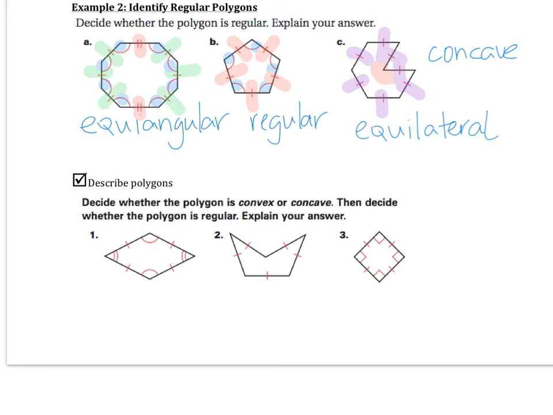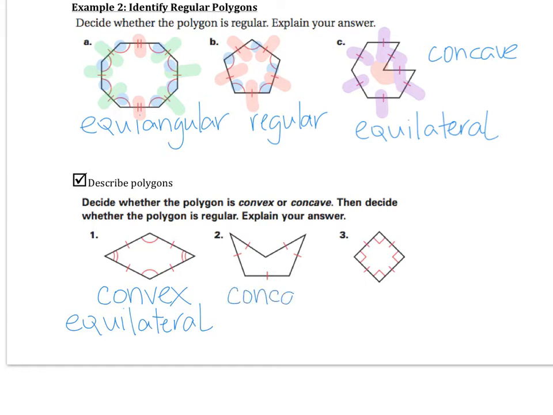So, determine if these polygons are convex or concave first, and then whether they are regular. If it's not regular, just say what it is. We're going to write down what it is. The first one is convex, doesn't cave in, and it's equilateral. The angles are not congruent, but the sides are. Number 2 is concave.